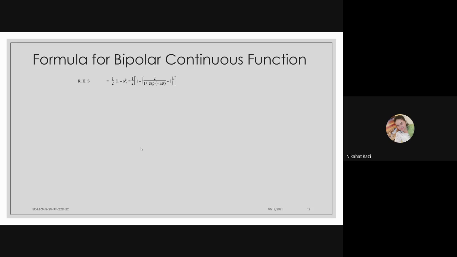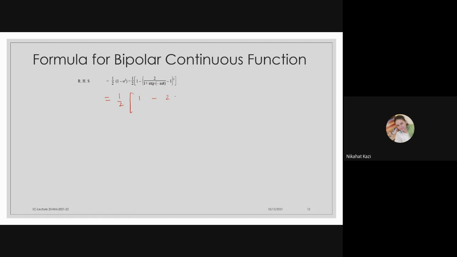Again, here let us simplify this term. So this is half 1 minus, I'm just reshuffling this.